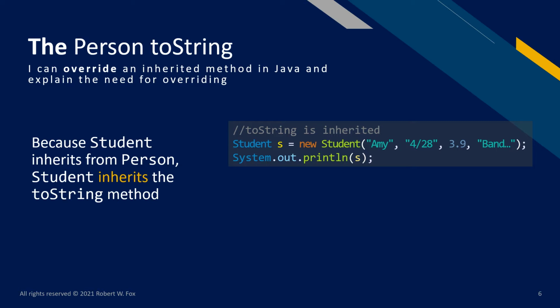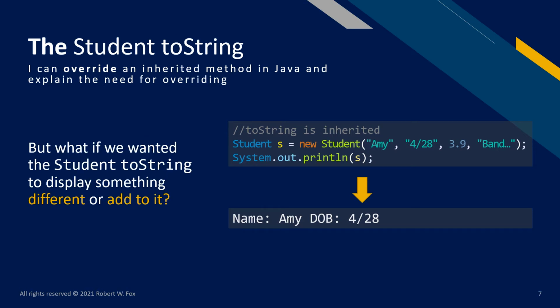Now, the student class does not have a toString, but because we have an inheritance relationship, it does inherit the toString of the superclass, and so we get the exact same result because that toString method returns a string containing the name and the birth date. It's actually pretty great that the student class, in a sense, automatically has a toString method, and I didn't even have to write it because of this whole inheritance thing.